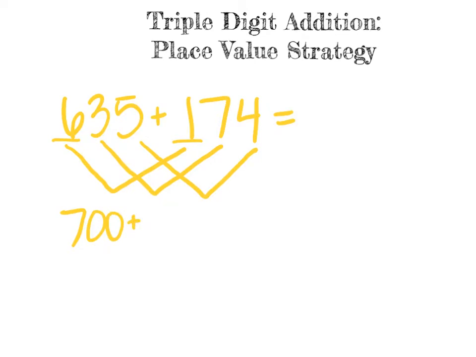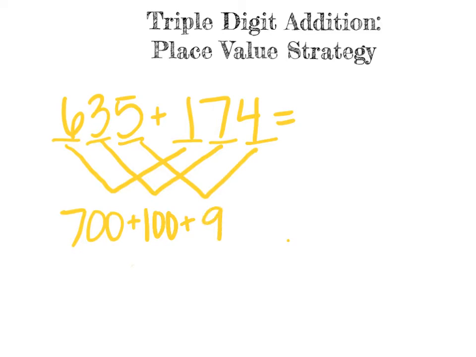Then I'm going to add the tens. And I have 30 plus 70. Now I know that 3 plus 7 makes a 10. So since these numbers are already in the tens place, 30 plus 70 equals 100. Okay, then I have 5 plus 4, and that equals 9.